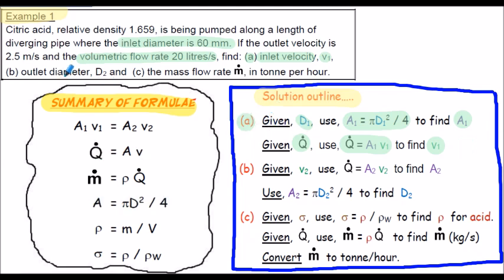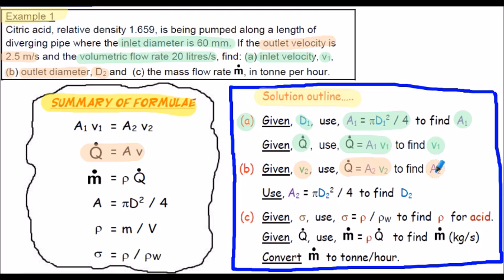Let's consider the solution for part B, where we have to find the outlet diameter, labelled D2. Now note in the question we're given the outlet velocity V2, that's stated here, meters per second. So again, using the equation Q is equal to AV, extracted from our summary, we can rearrange to find the area at the outlet labelled A2.